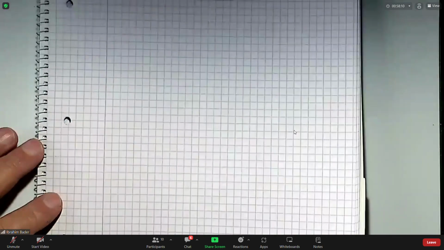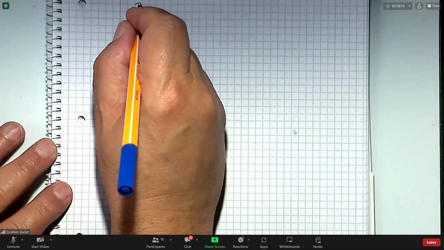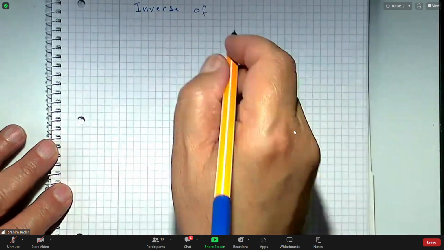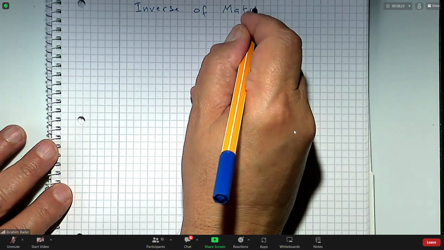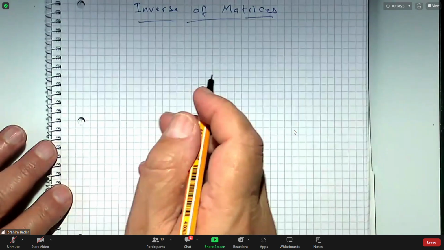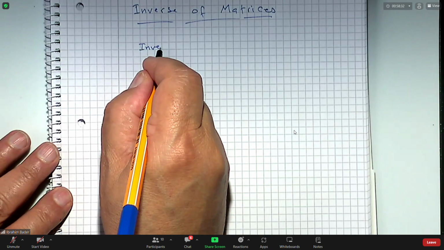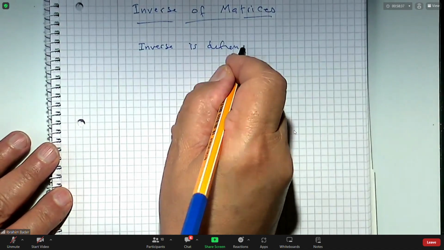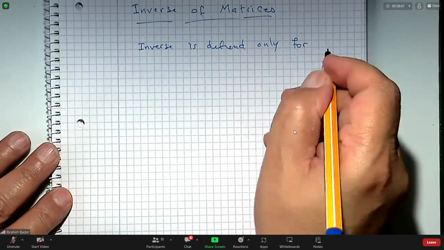Before I start, inverse of matrices. First of all, the inverse is defined only for square matrices.